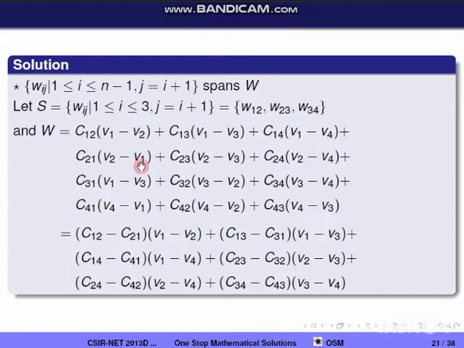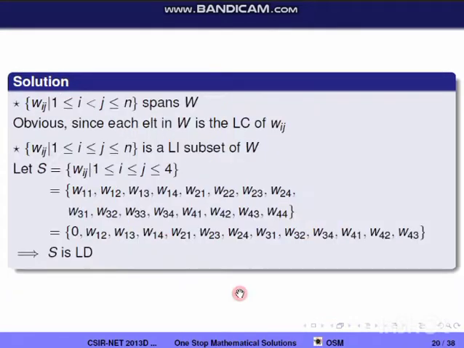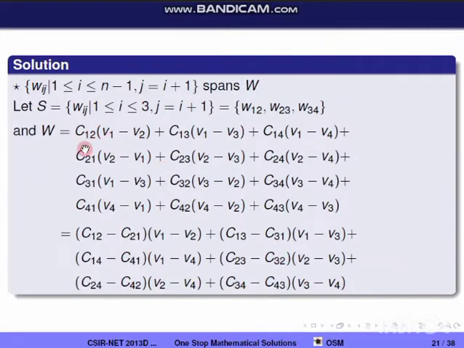And we know W is the span of Wij's. Already I wrote in the beginning of the solution, W is equal to these linear combinations. So for n equal to 4, I am substituting here and writing W as the linear combination of these elements. And now I am simplifying it, that is, taking common elements.